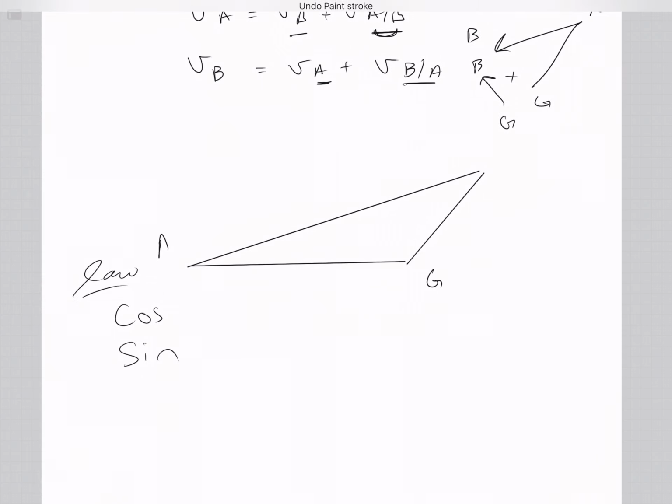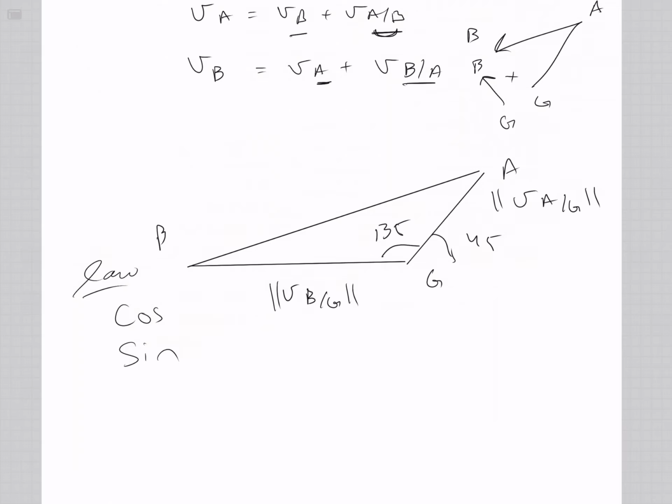And in this problem, it's actually easier for us to look at it as the law of sines and cosines because we're given this angle here, which is 45 degrees, and we're given the magnitude of the velocity of A with respect to the ground, and the magnitude of the velocity of B with respect to the ground. So we can then define this as 135, and you conveniently have two sides of the triangle, and you have an angle.